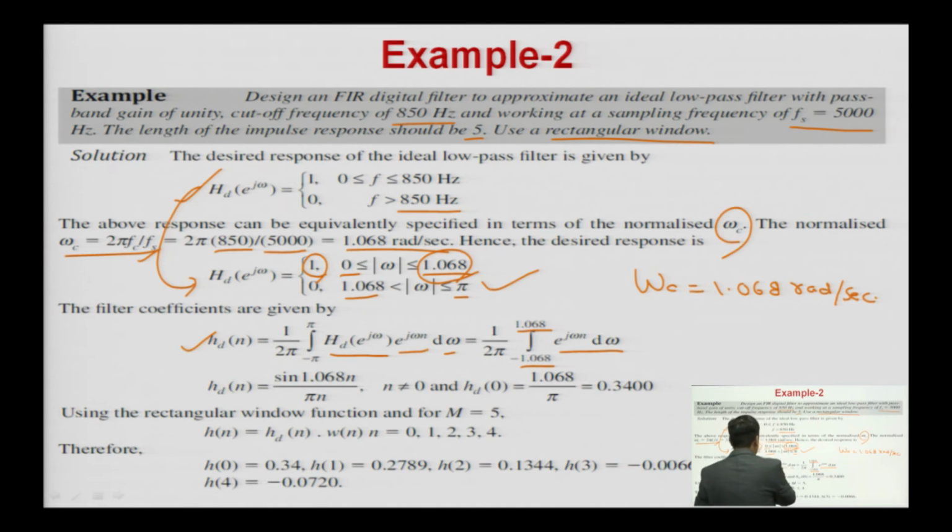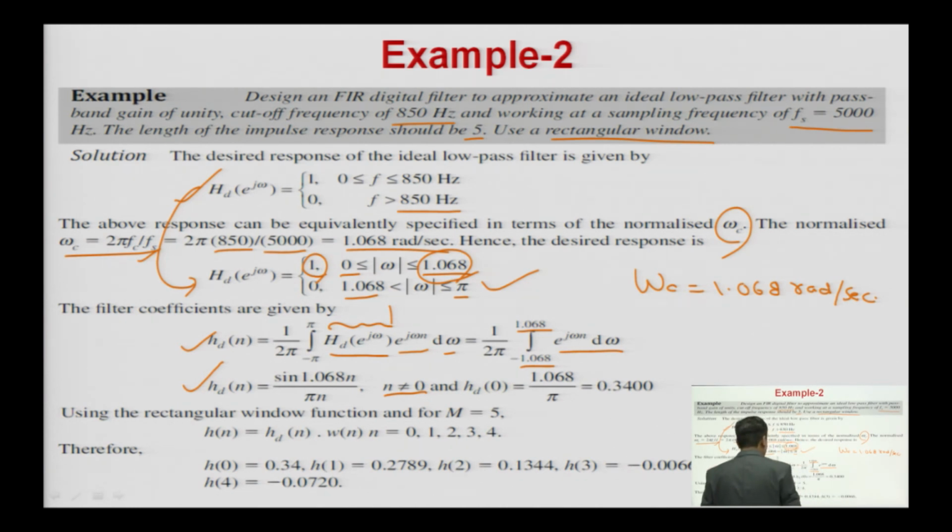Now, if you solve this one, you will get H d n, but the condition again here is, if n is not equal to 0. If n is equal to 0, then this value will not exist. So, remember it, it is for n not equal to 0.